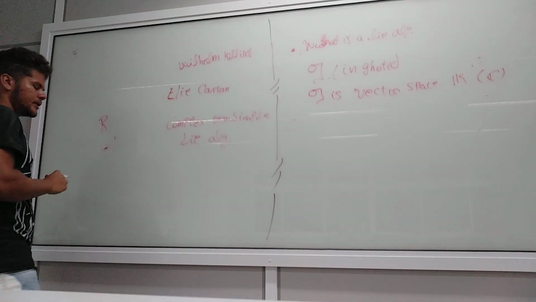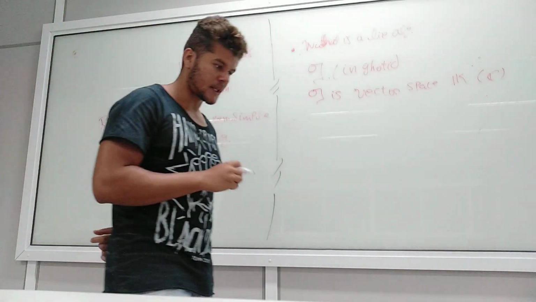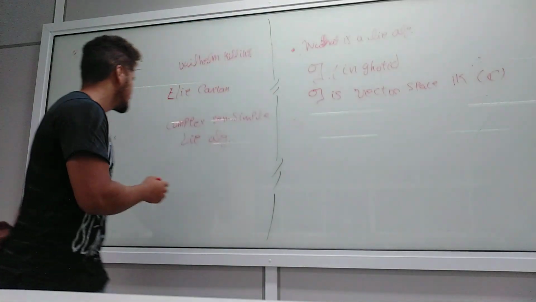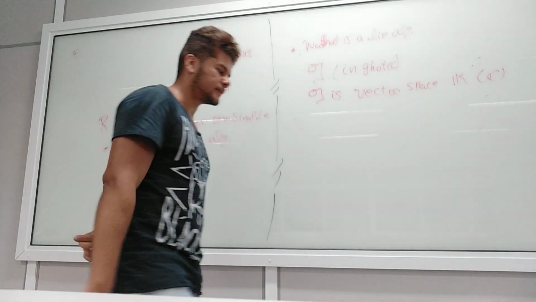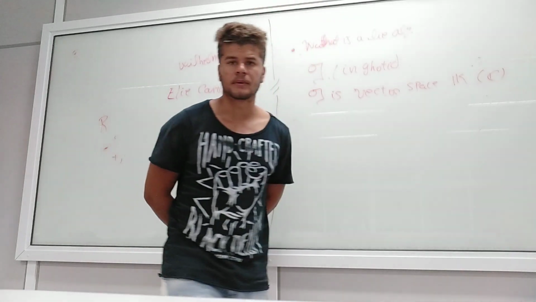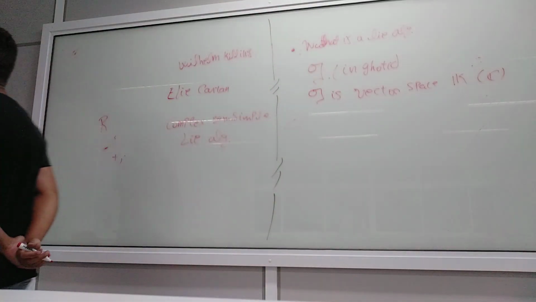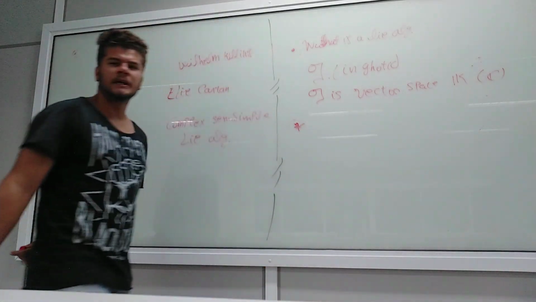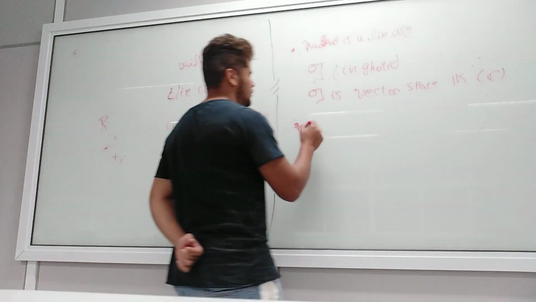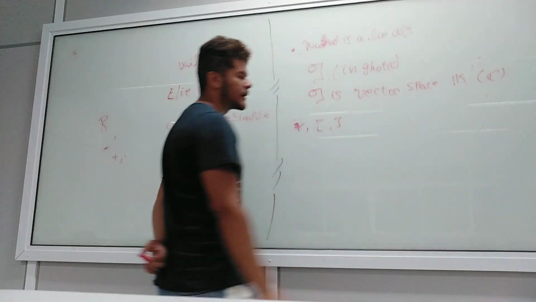A ring is a set with two operations, sum and multiplication. Those operations have some nice properties. But this multiplication we're gonna call the bracket.